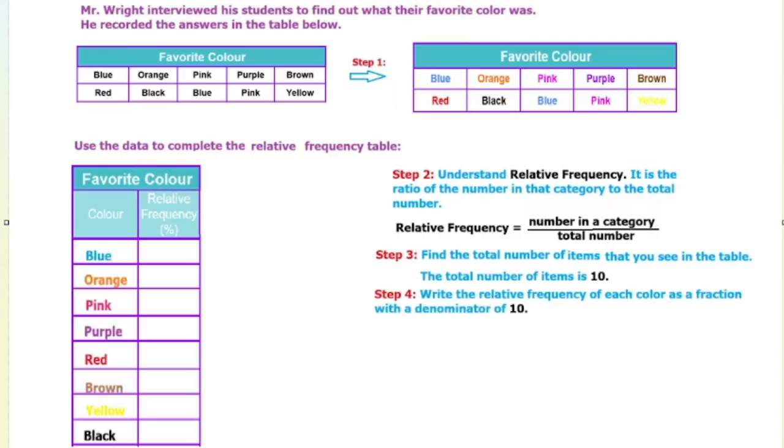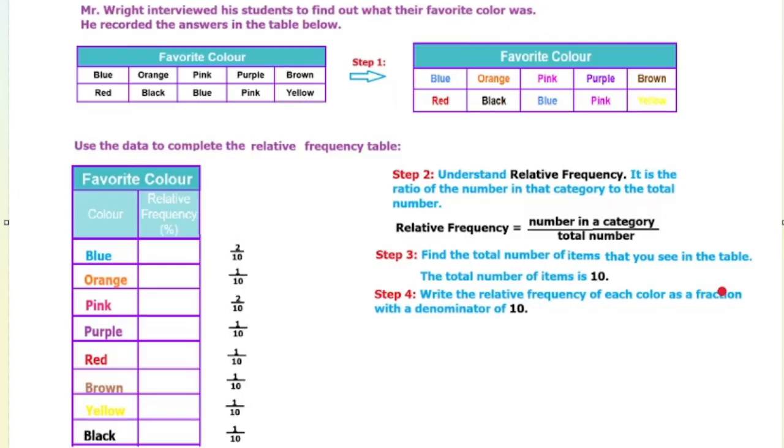So now we can write the relative frequency of each color as a fraction with a denominator of 10. So let's write the unique colors. There's blue, orange, pink, purple, red, brown, yellow, black. And even though there's repeats here, in this table, we only put them in once.